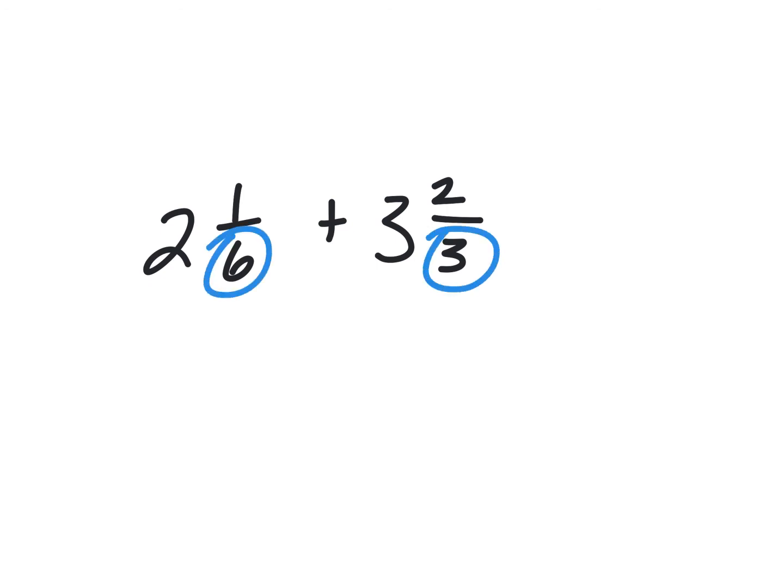Two choices. Some kids are using 18ths, totally fine. Some kids are using 6ths, totally fine. They can both have a denominator of 6, or they can both have a denominator of 18. Either way works.